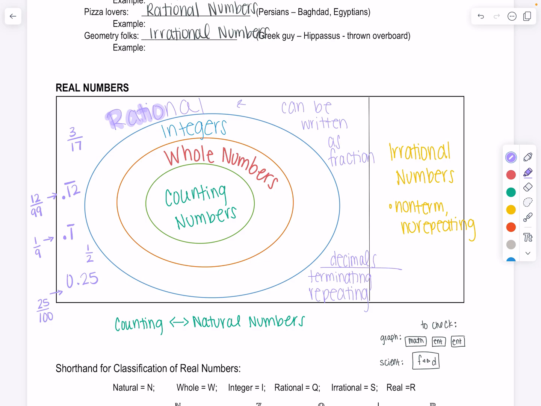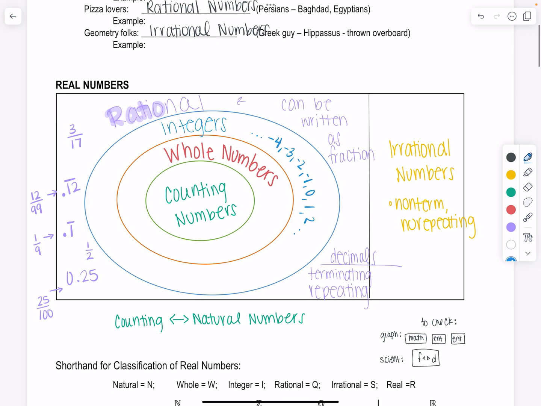Inside, more specifically, we have integers. Integers are our numbers on a number line. So, -4, -3, -2, -1, 0, 1, 2, etc.